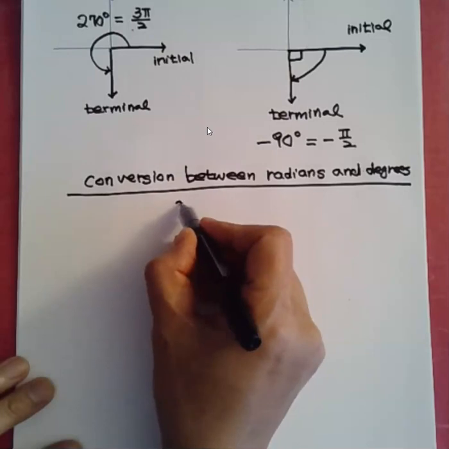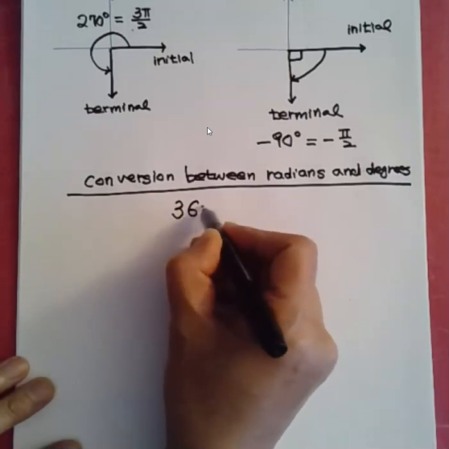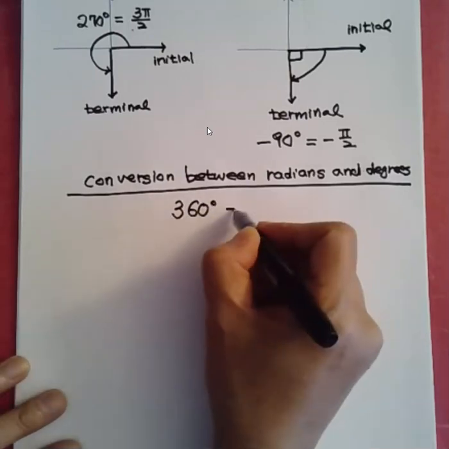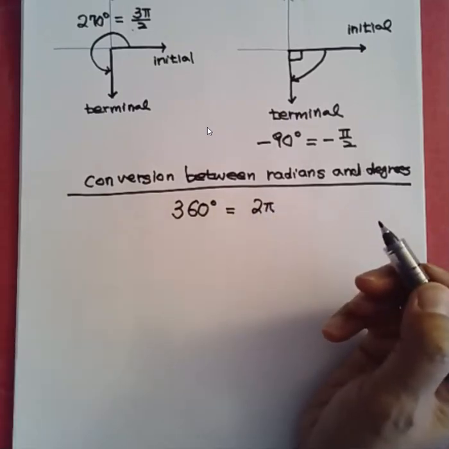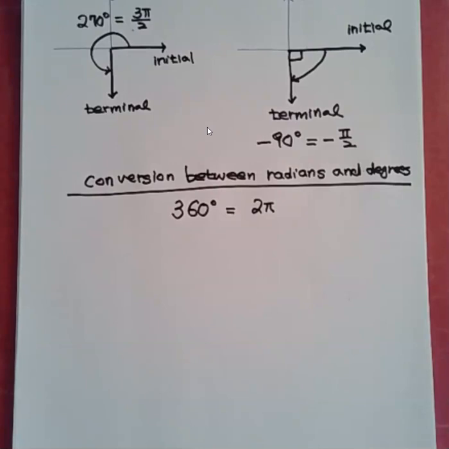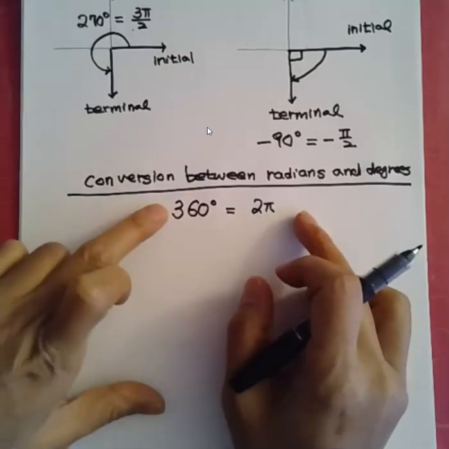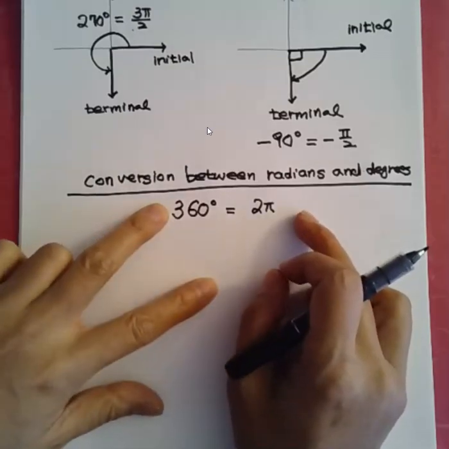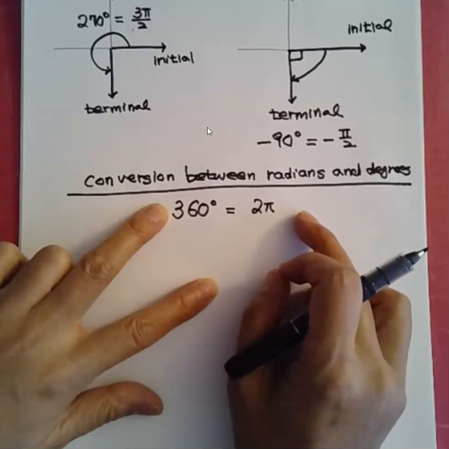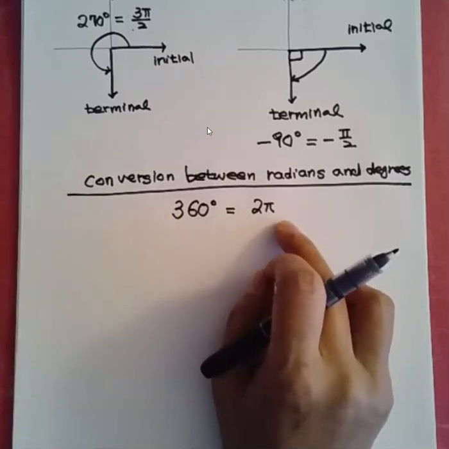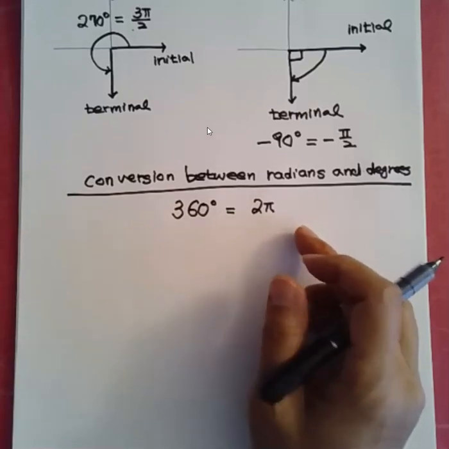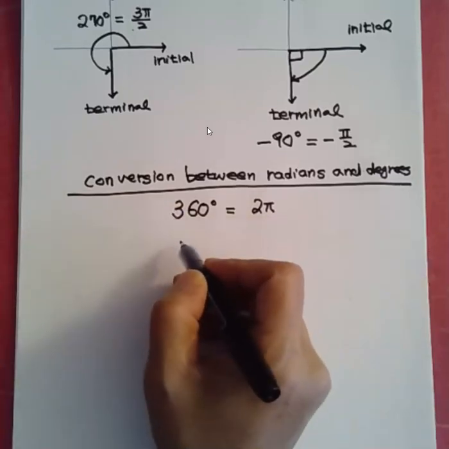As I said, one full rotation is 360 degrees. That equals 2 pi. What we want to do is think about the ratio. If we use 360 degrees equals 2 pi, then 2 times pi is a composite expression. So we want to make a simpler expression.